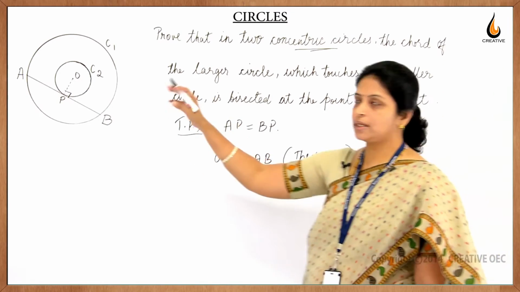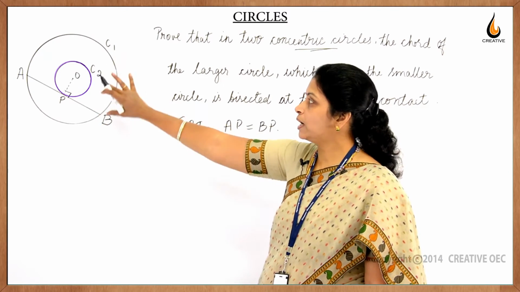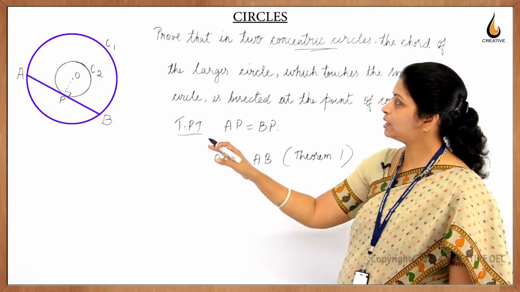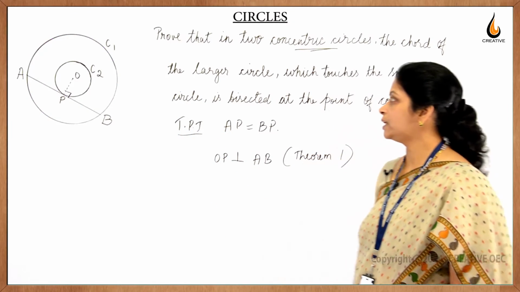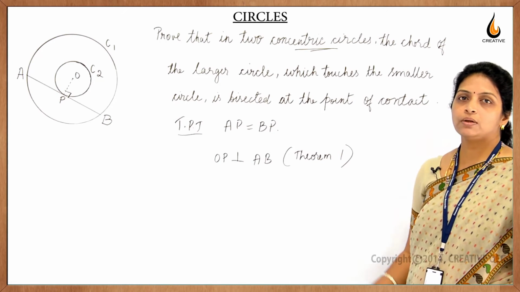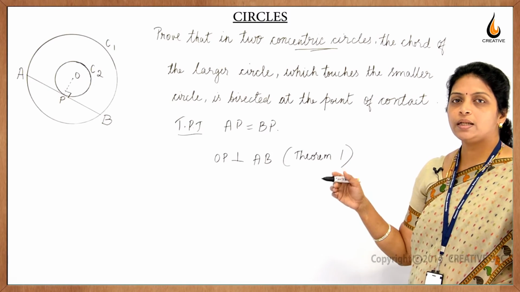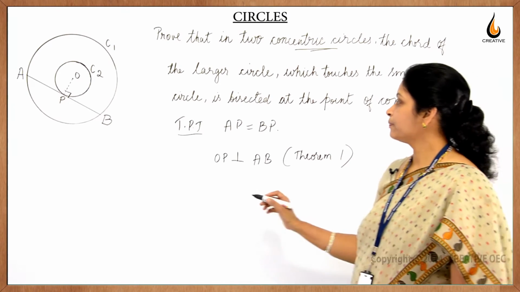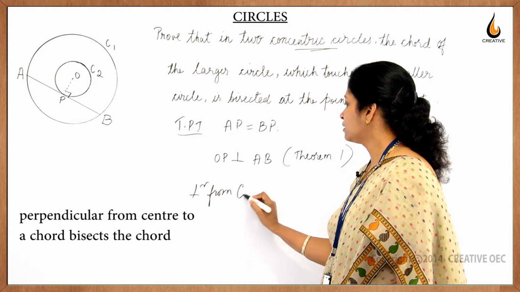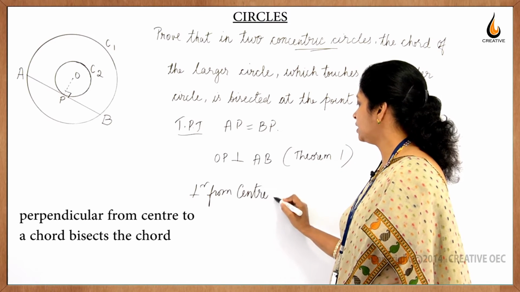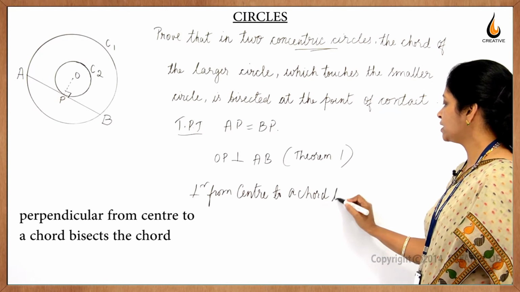Now, we will consider the bigger circle and imagine that this smaller circle is not there. If you have this bigger circle C1, AB is a chord to C1, and there is another property which says that a perpendicular drawn from the center of a circle to a chord will always bisect the chord.